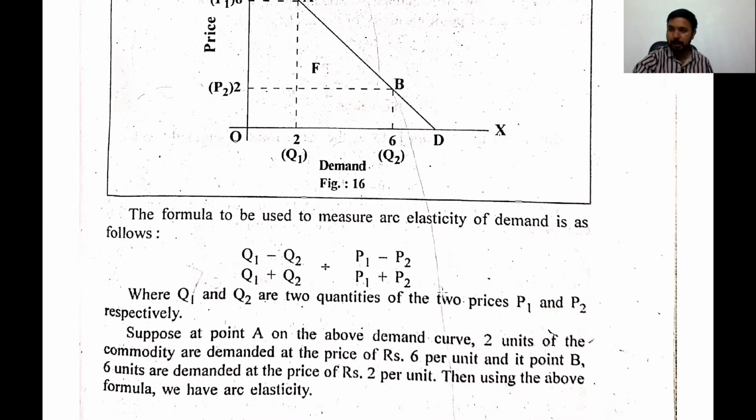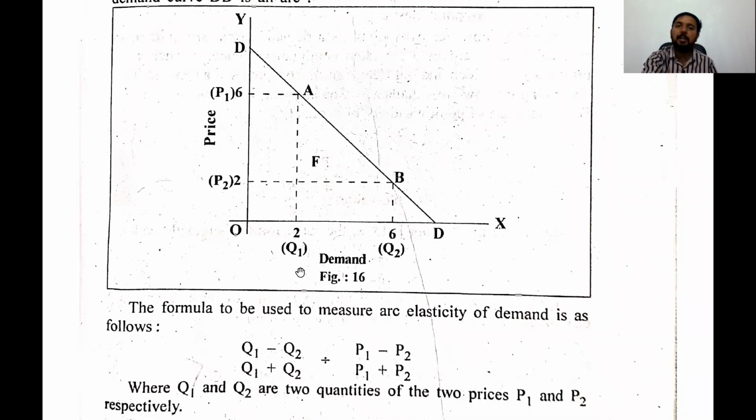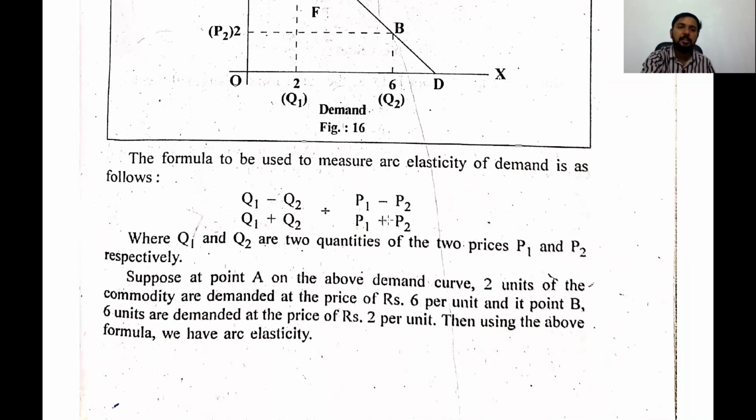So guys, in this formula, Q1 and Q2 are the two quantities at the two prices P1 and P2 respectively. Here we just need to focus on that. We are given quantity 1 as 2 and price 1 as 6, and quantity 2 as 6 and price 2 as 2. So we are given them respectively.